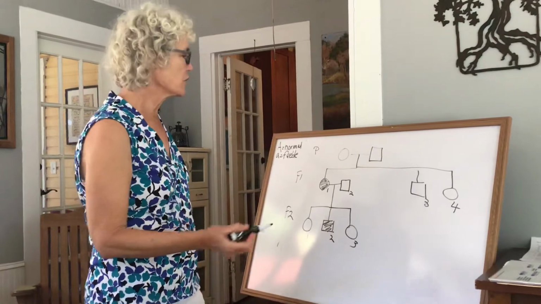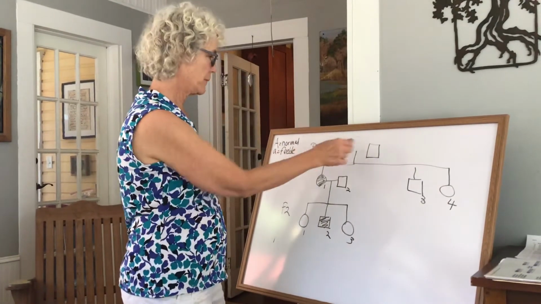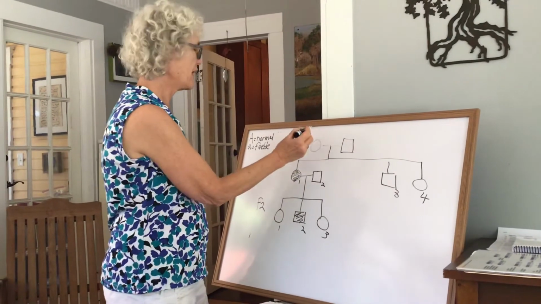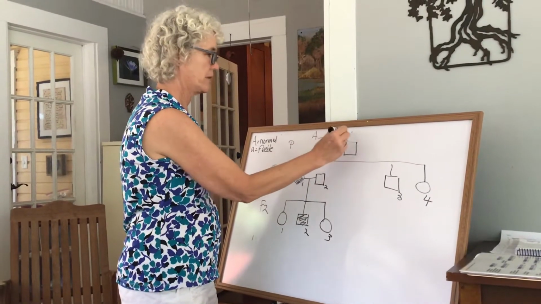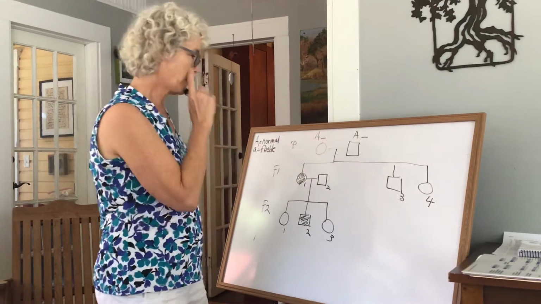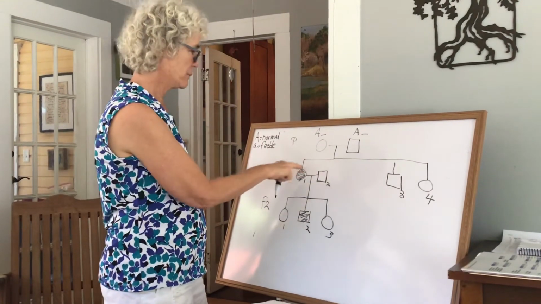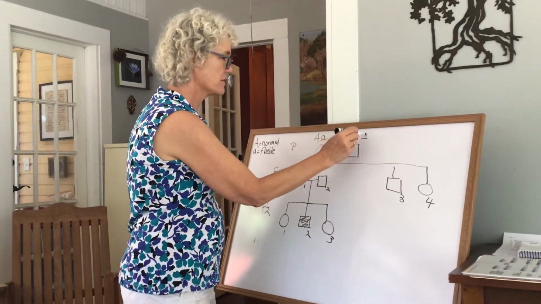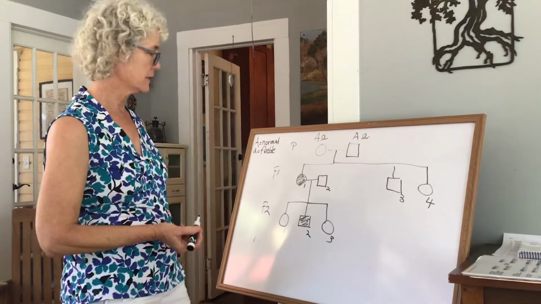From this cross up here, what do I know? I know that they're normal, so they have to be capital A something, each of them. But I also know that they produced a feeble-minded individual, so that means that they are this. I can figure that out fairly easily.